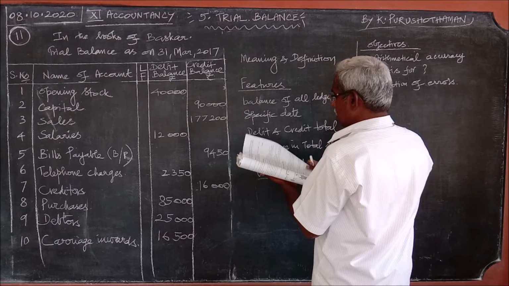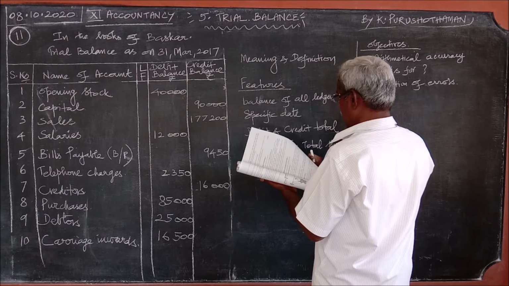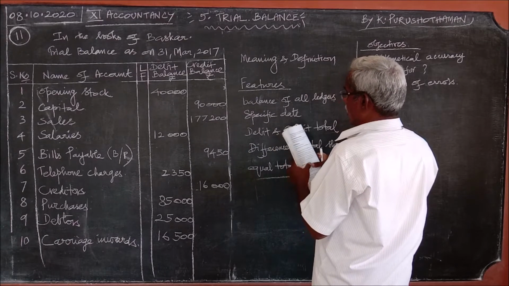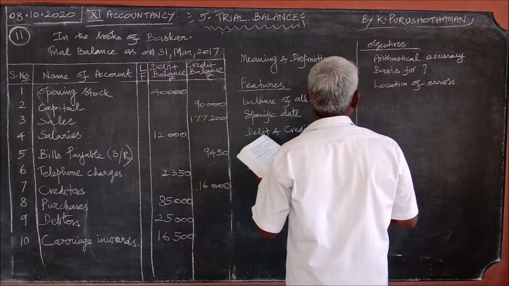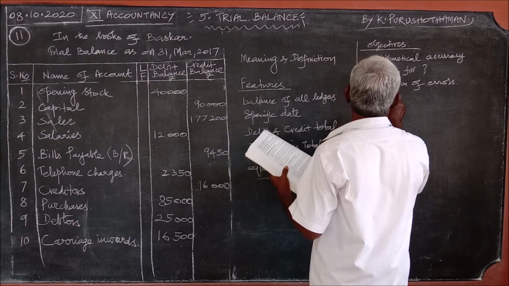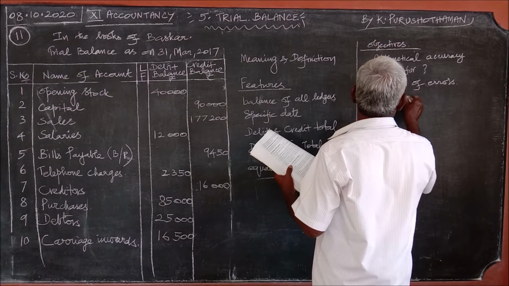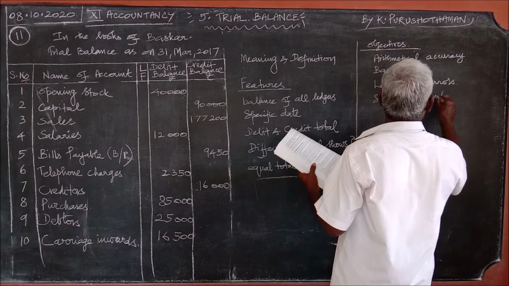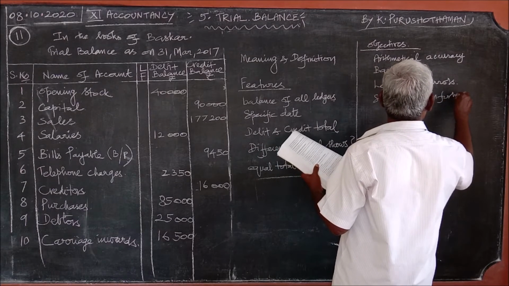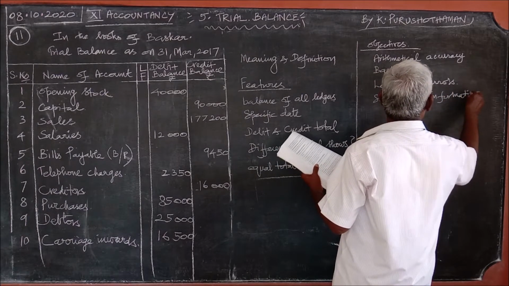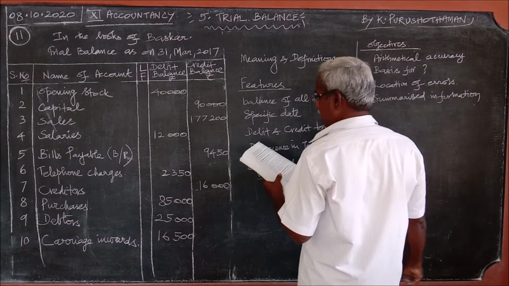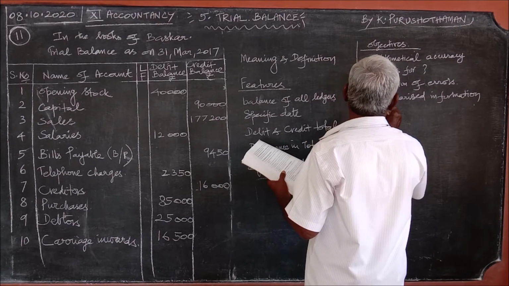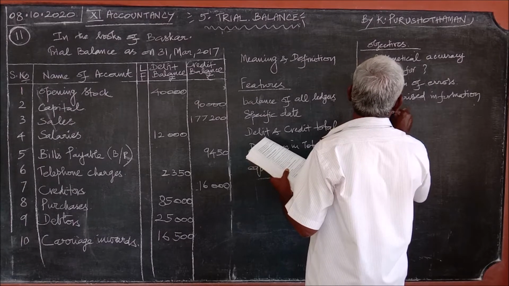Number four, summarize the information. These are all the objectives. Then limitations. I shall explain each and everything now.